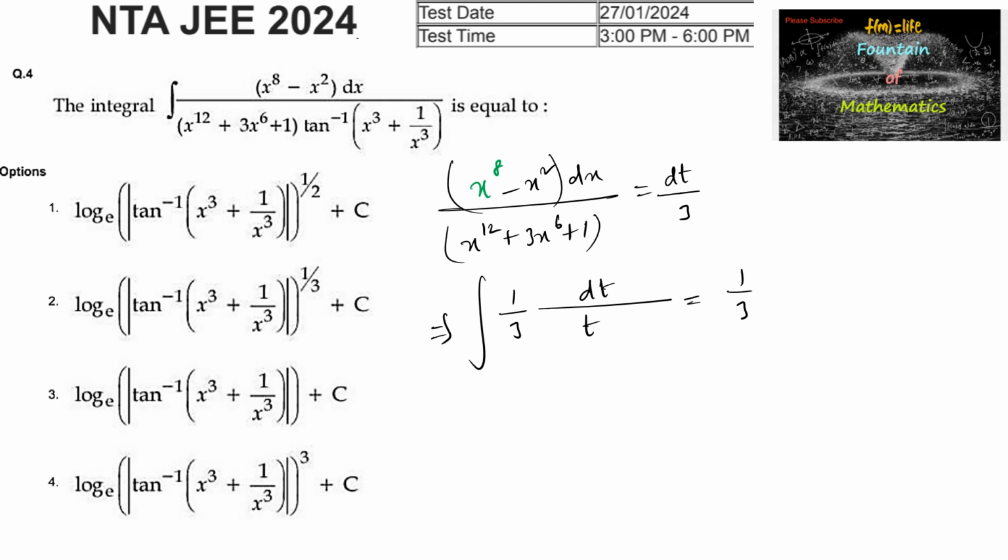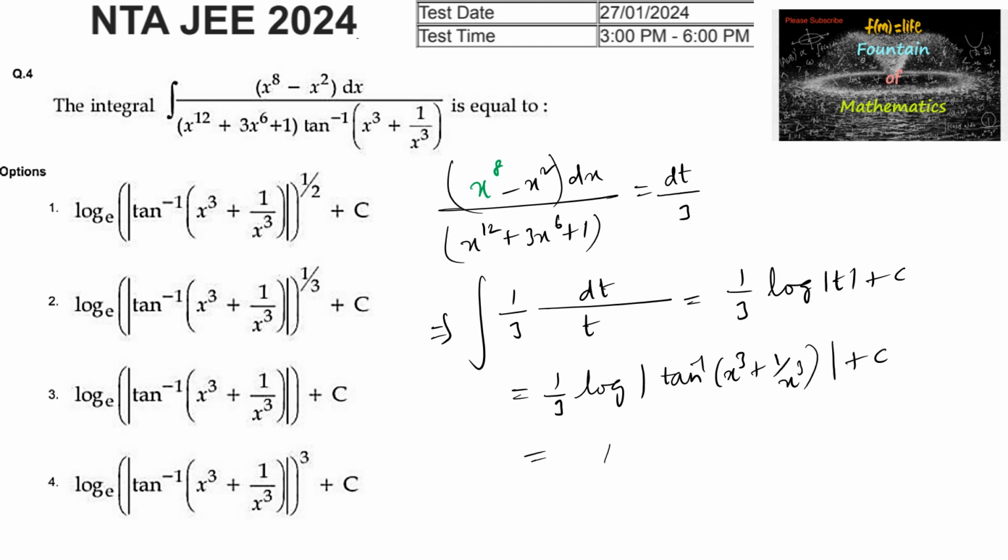So we get 1 by 3 log mod t plus c. That is 1 by 3 log of tan inverse of (x^3 + 1)/x^3 plus c, or we can also write log mod of (tan inverse (x^3 + 1)/x^3) whole power 1 by 3 plus c.